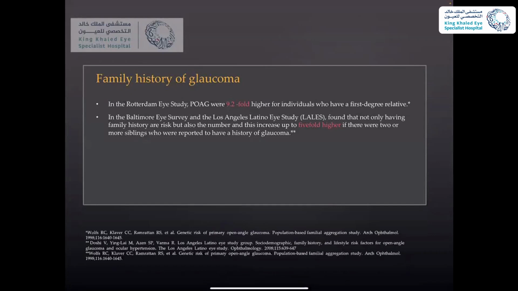Not only that, the number of siblings affected by glaucoma is a very important question or history, because this might increase the patient's risk even to five-fold higher if there were two or more siblings with glaucoma.